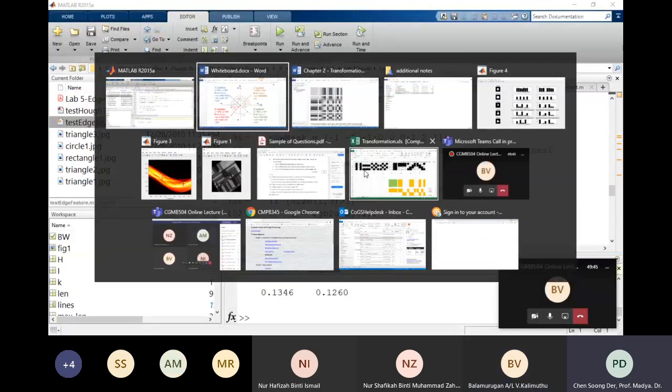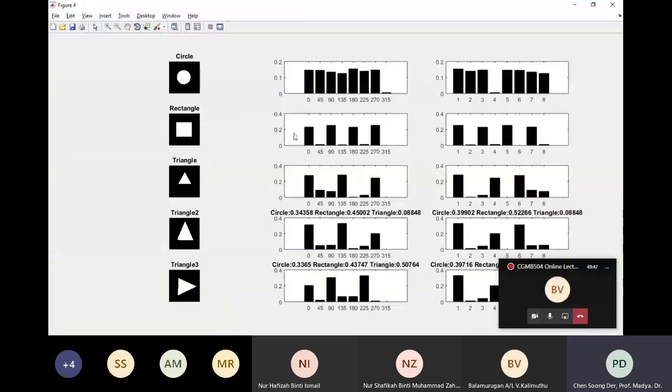And then when we go further, we use that to create the histogram of the distribution of each direction. And from the distribution, it helps us to differentiate the basic shapes. Once you can differentiate basic shapes, for a more complicated shape, we take it as a combination of all these basic shapes.